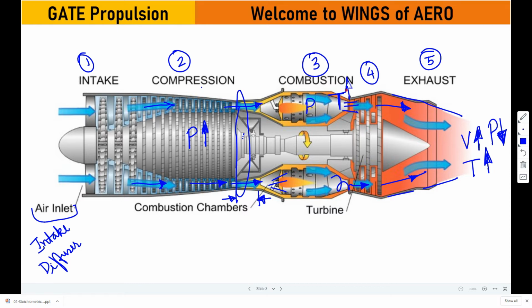This can also be termed in this way: either I can say the maximum temperature will occur at the exit of the combustion chamber, or I can say at the inlet of the turbine. Either when it is leaving the combustion chamber or entering the turbine, these are the peak places where the temperature will be maximum.